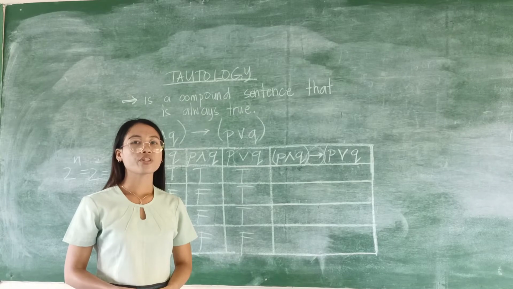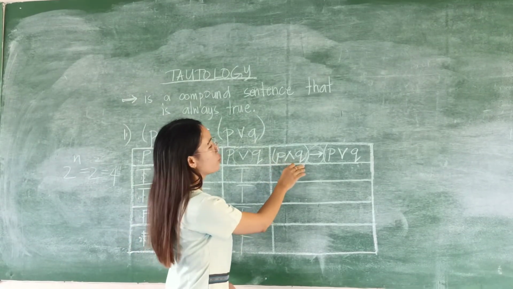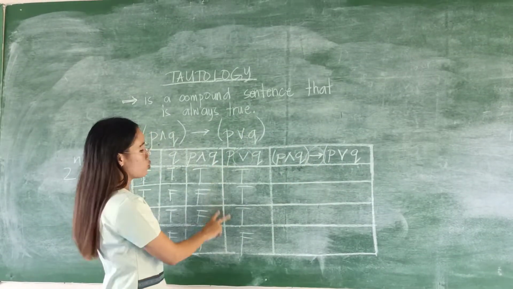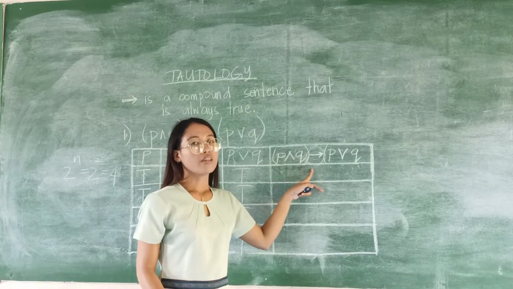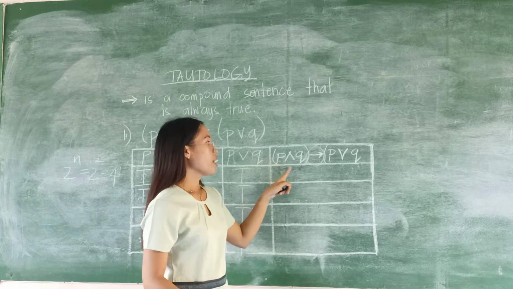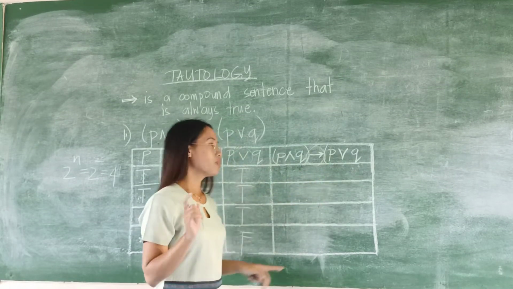Now let's move to the third column. Since we already have the values for P and Q and P or Q, the values here will be based from these two columns. Since we are using implies, these statements will be true if either P and Q is false or P or Q is true. So let's begin.